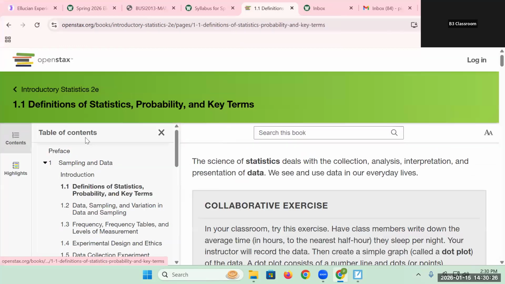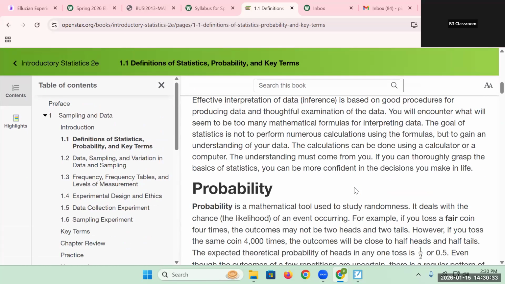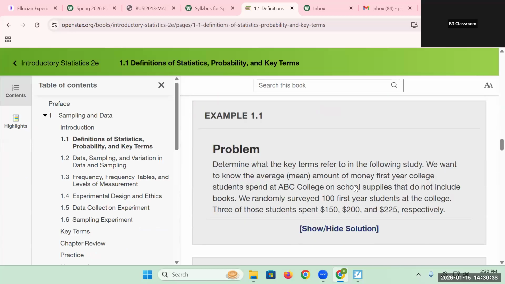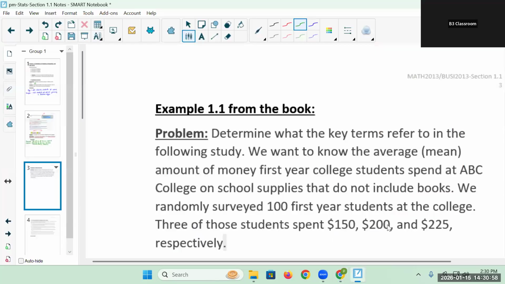So when you look at 1.1, that's where we are, section 1.1, and you go here. This is exactly what we're going to do. And your book has problems. They're not interactive, but notice it says show or hide the solution. So they will let you think about it, work it out, and then you can check it. So that's an example from the body of the book. And that's actually what this one is.